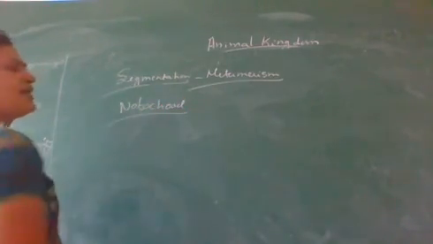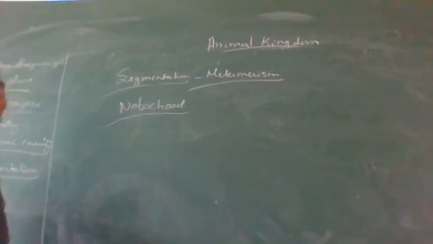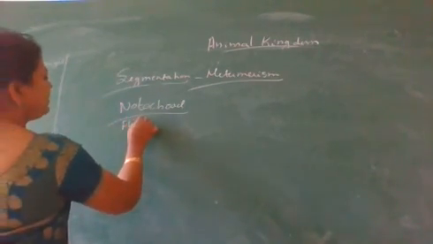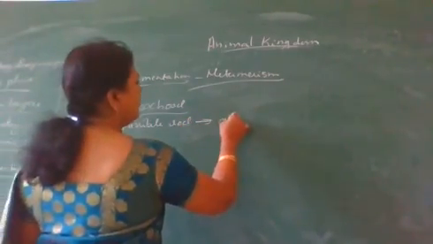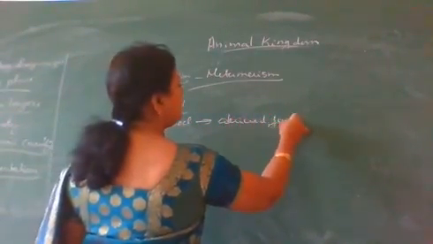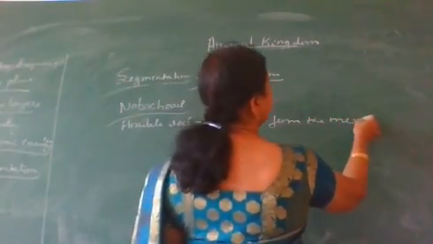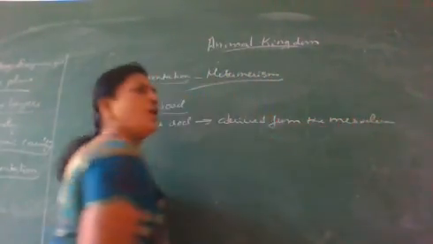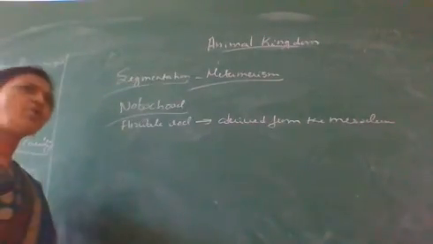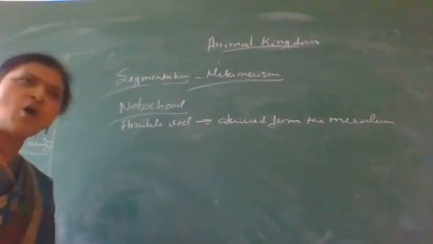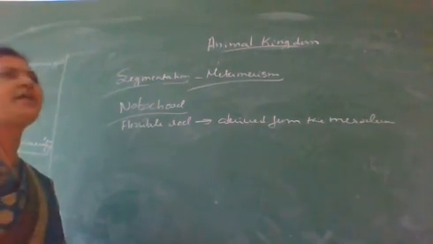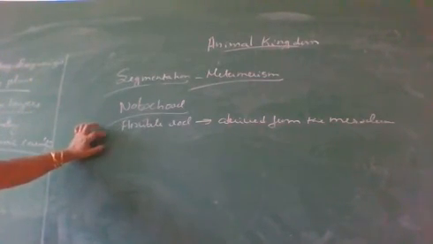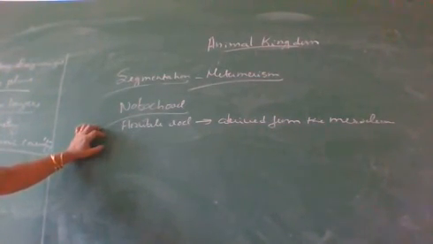Notochord is a highly flexible rod derived from the mesoderm. Animals having a notochord are called chordates. Those without a notochord are called non-chordates. So this is also one of the criteria for the classification of animals.